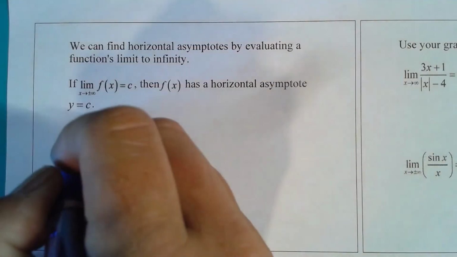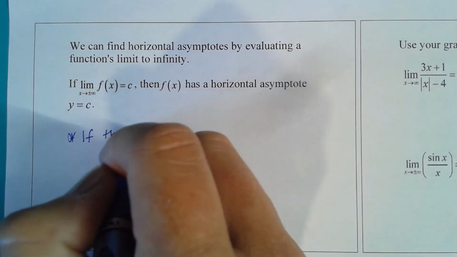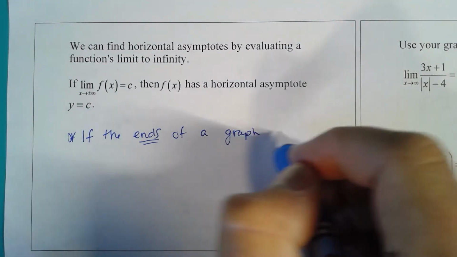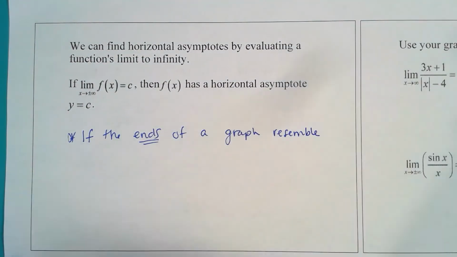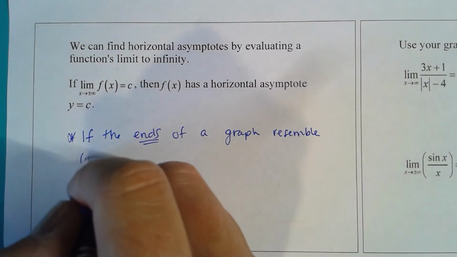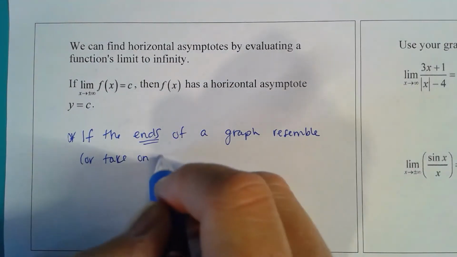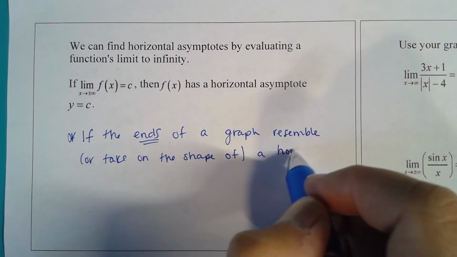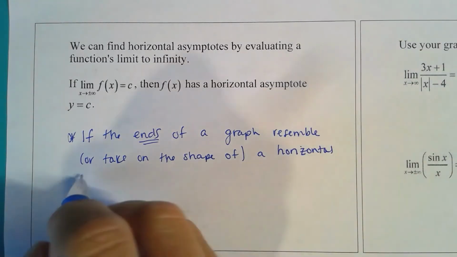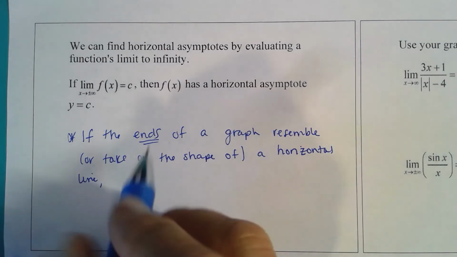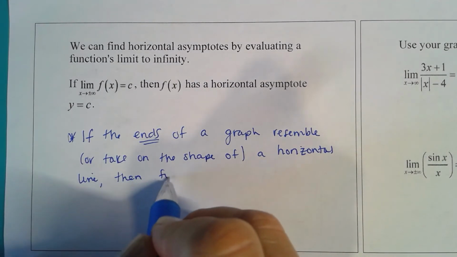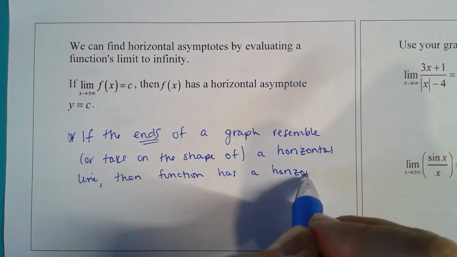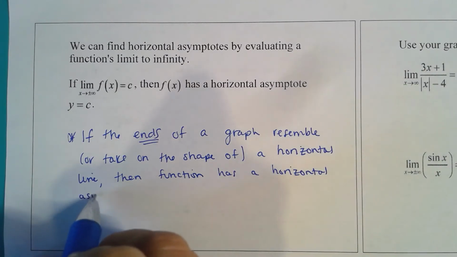I'm going to put that in words, slightly different. If the ends of a graph resemble or take on the shape of a horizontal line, then the function has a horizontal asymptote, which is that line.